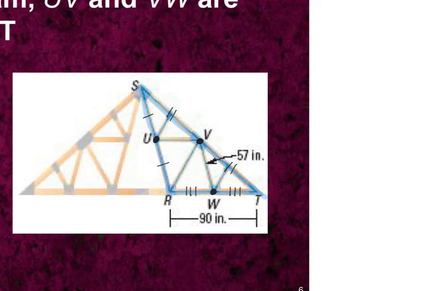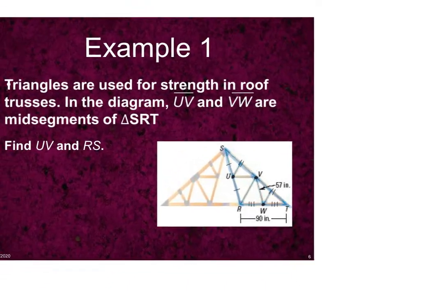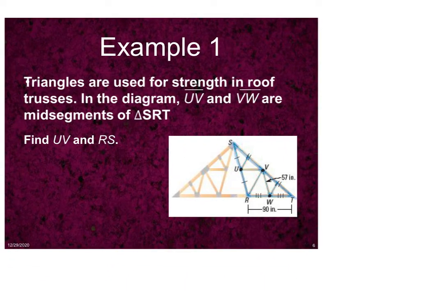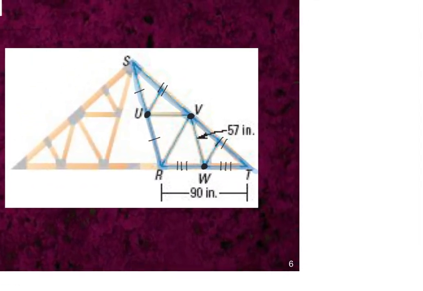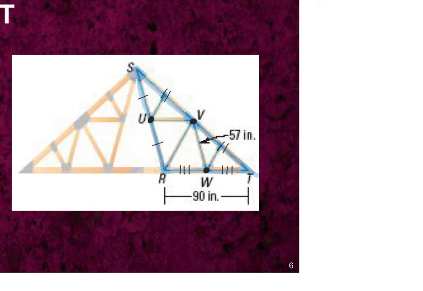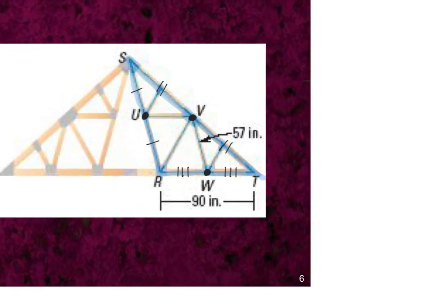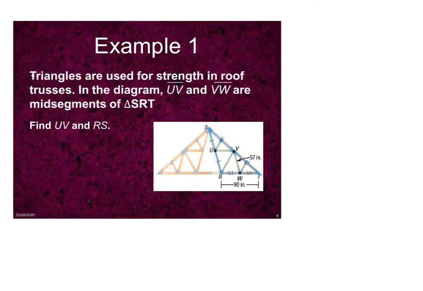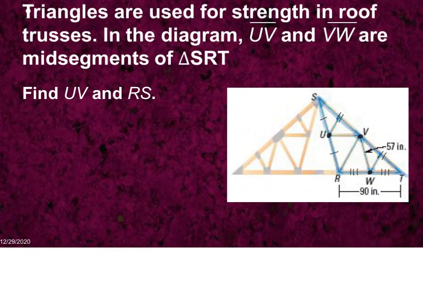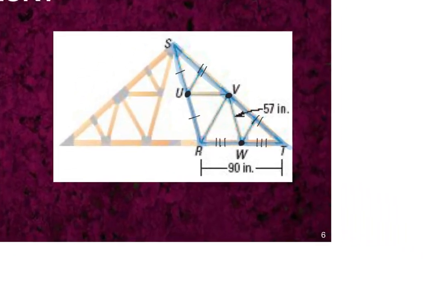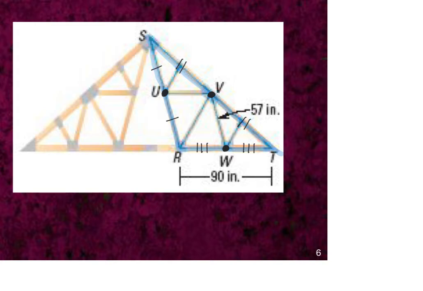The reason we knew that, guys, is because if it's the mid-segment, it's connected by all of the midpoints. So we know that U, V, and W had to be midpoints, okay? What it wants us to find out is UV and RS.